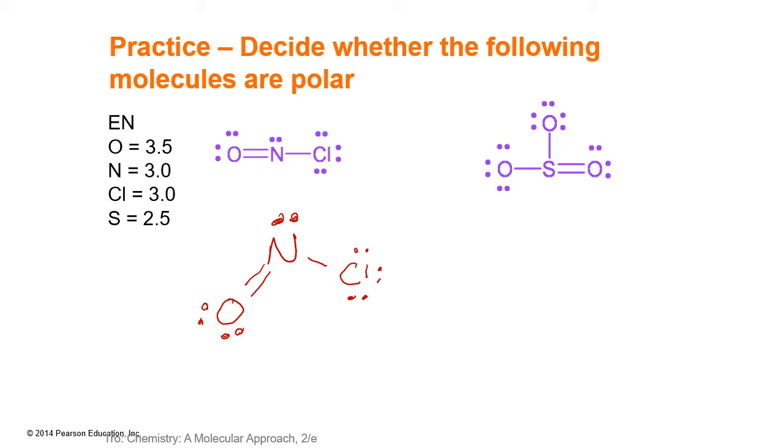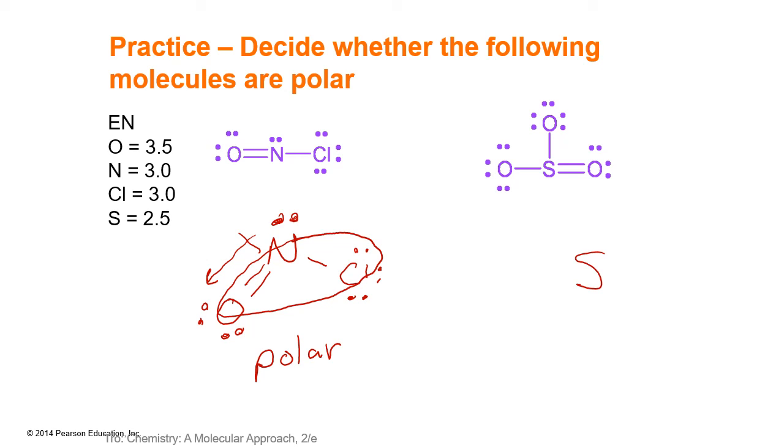So our oxygen is more electronegative. The nitrogen is less electronegative. So the electrons are going to be pulled towards that oxygen. Now we do have a lone pair on that center atom, so we're going to include it in our circle when we're looking at how symmetrical it is. The nitrogen, oxygen, and chlorine are all different, so this is a polar molecule.